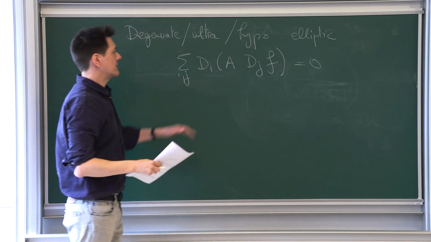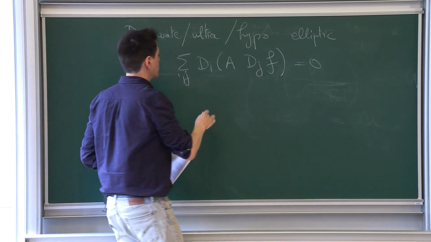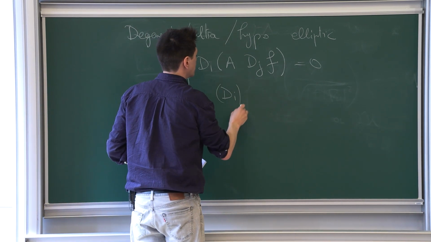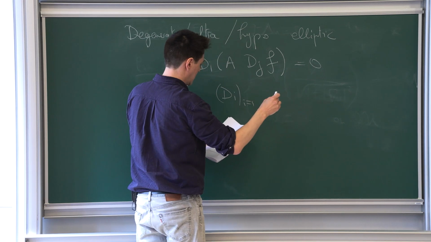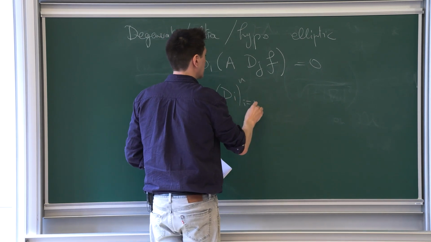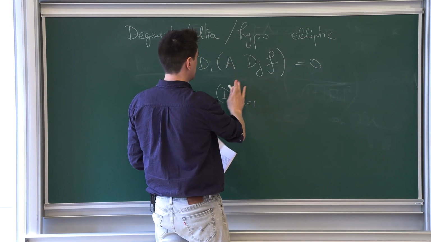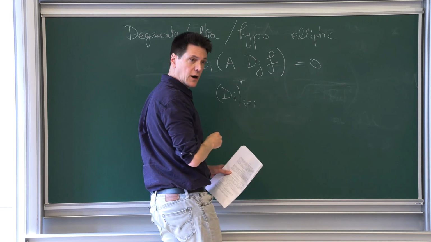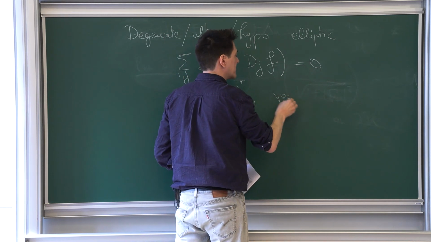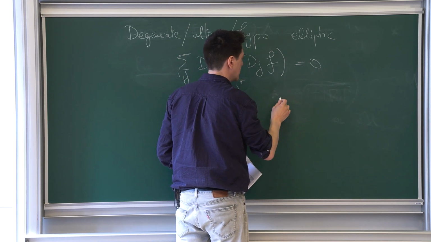So we are back to the divergence form. We have a certain number of, what did I call little n? N was my dimension. It doesn't need to be the dimension. Let's say up to R. Here we have vector fields, smooth vector fields, let's say.